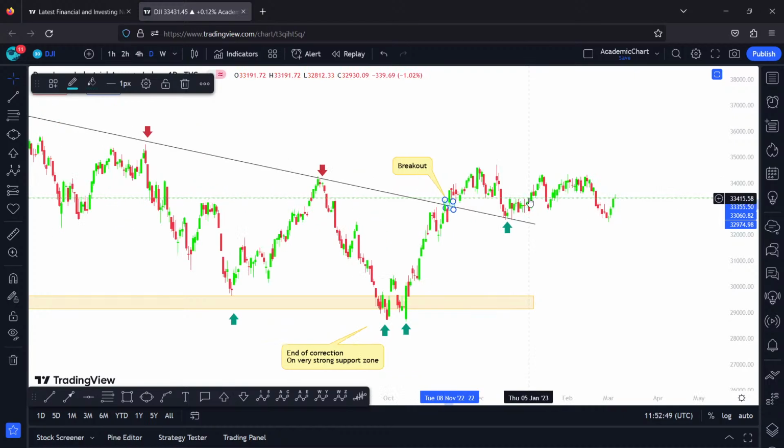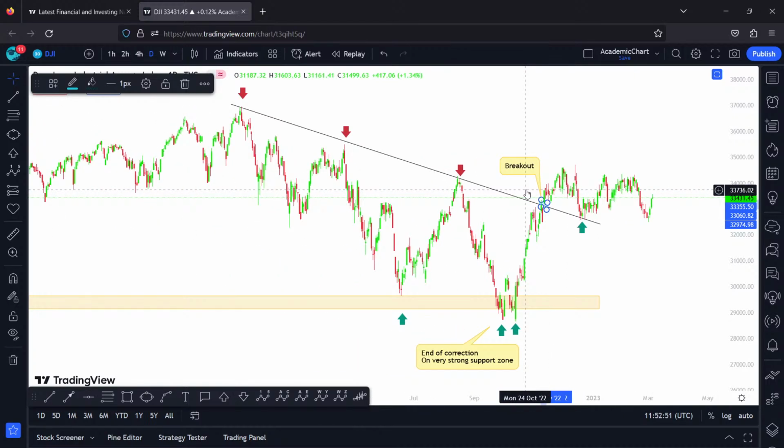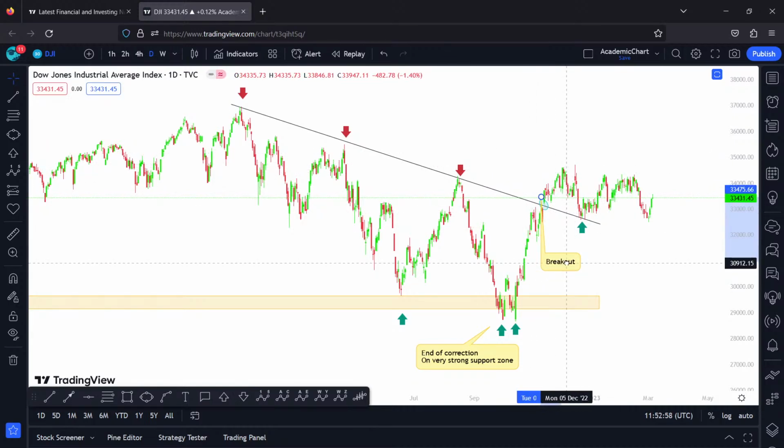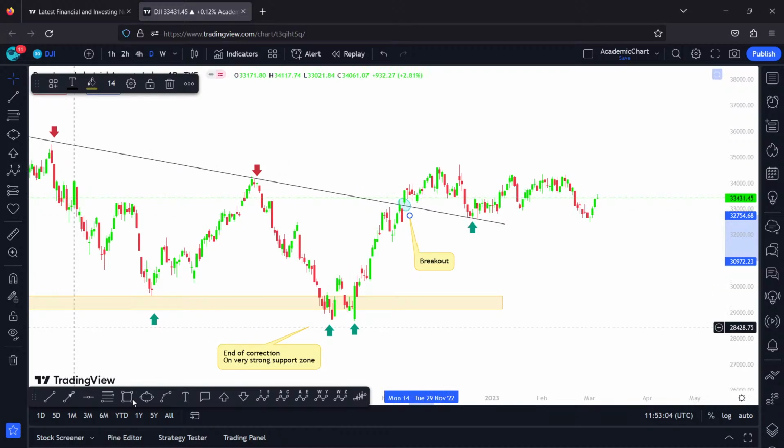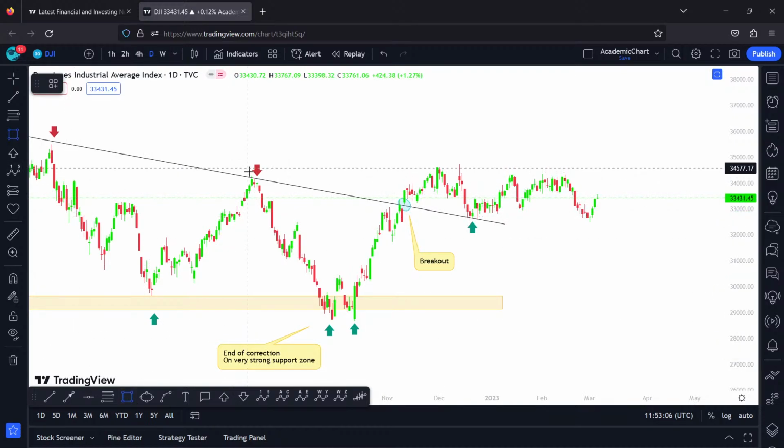What I'm saying here as well, these retests, because we had some return, let's bring this breakout to the bottom. I would like to draw another resistance zone here because I'm seeing it and not ignore it.